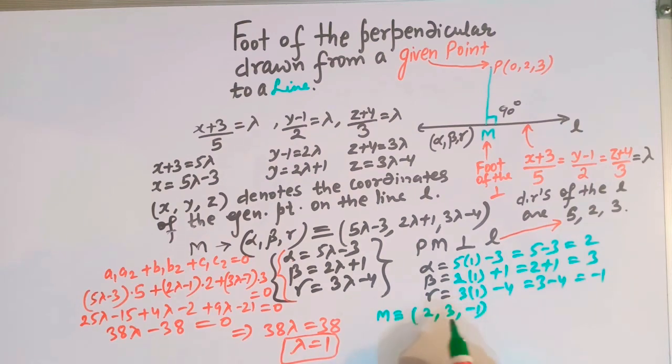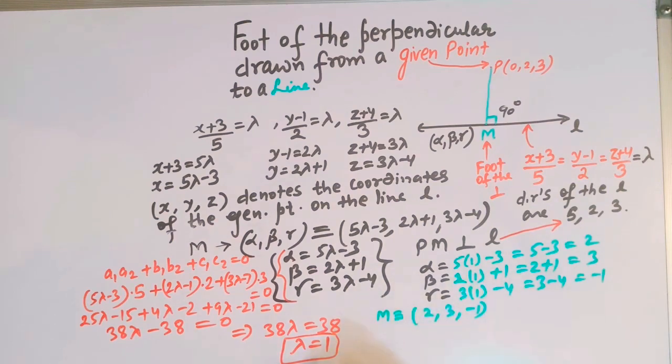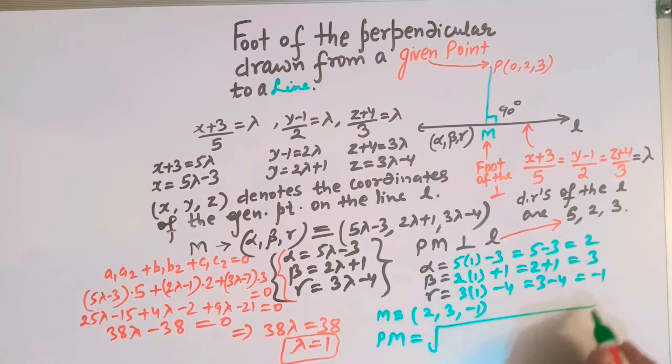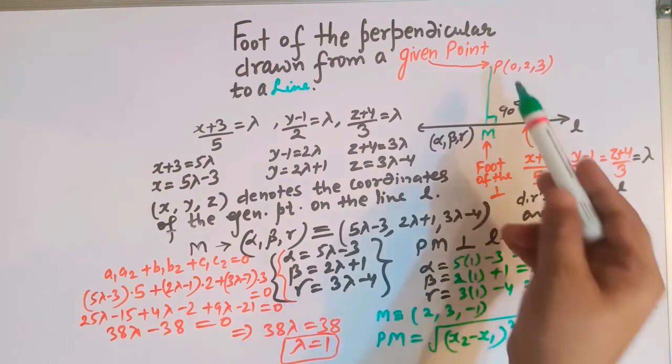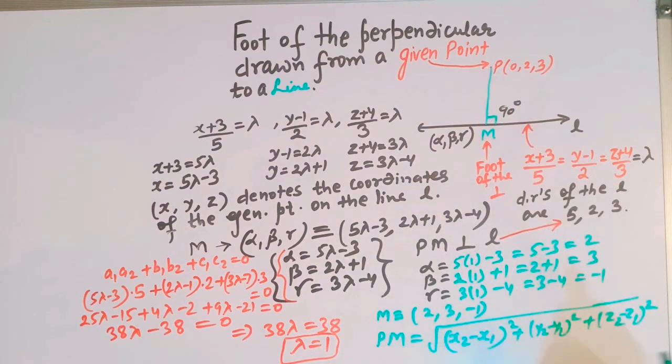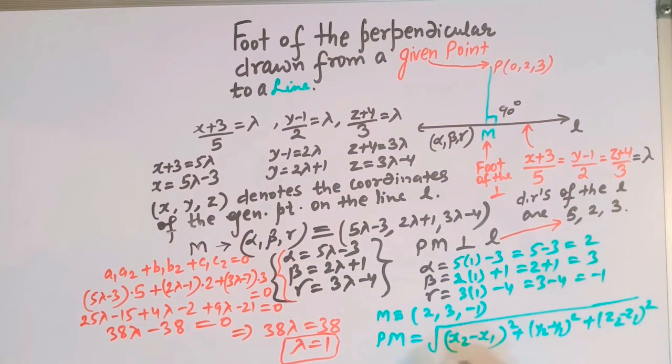So the coordinates of point M are 2, 3 and minus 1. So this is the foot of the perpendicular, and the length of the perpendicular PM can be calculated by making use of the distance formula, that is square root of (x2 minus x1) square plus (y2 minus y1) square plus (z2 minus z1) square, right? So the point P is x1, y1, z1, and the point M is x2, y2, z2.